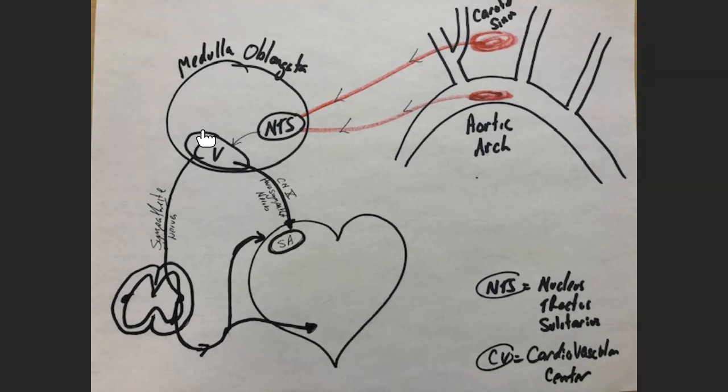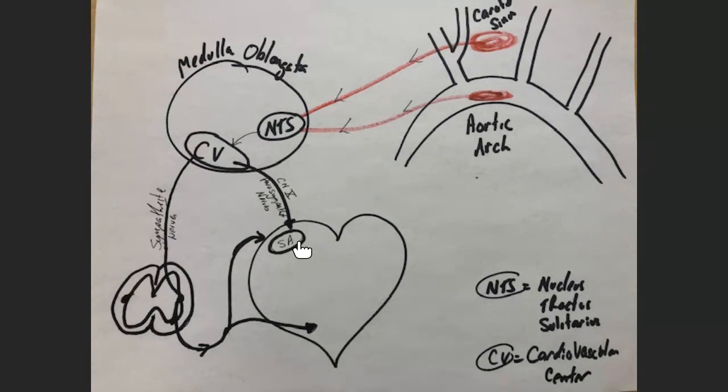And the cardiovascular center, as needed, can utilize sympathetic nerves through the lateral horn of the spinal cord to innervate the SA node or the ventricular muscle. Or it can use parasympathetic fibers by way of cranial nerve 10 to innervate the SA node to bring about the counter changes needed to correct the initial fluctuation.